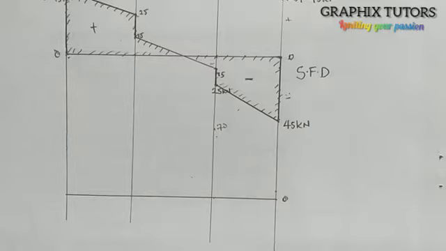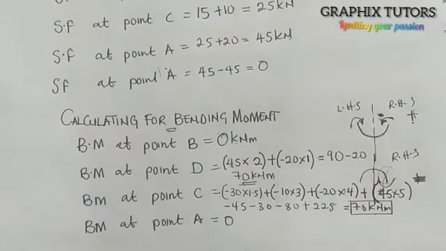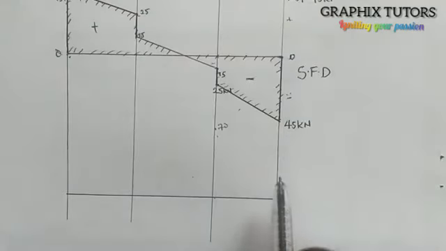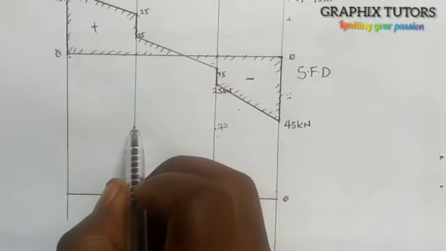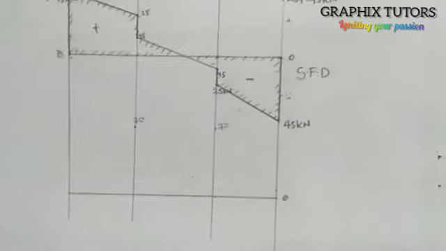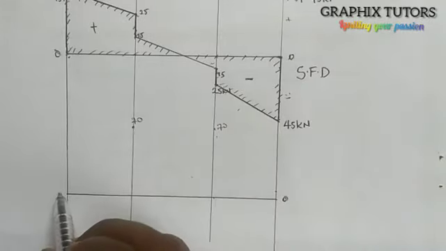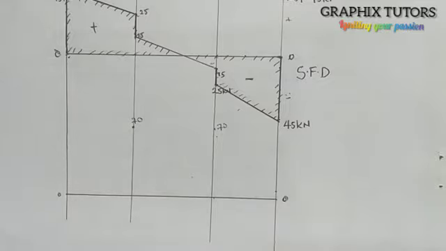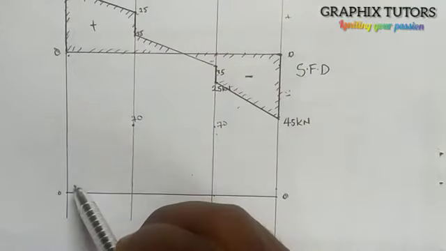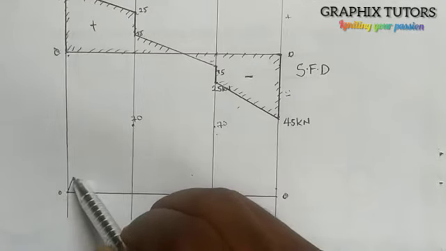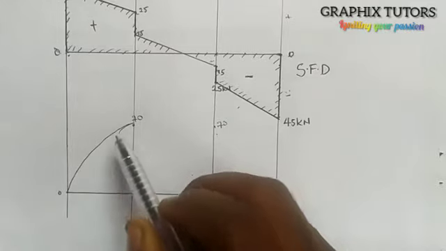Now bending moment at C again. Bending moment at C also is another 70, right? So I'm going to do that of 70. So at the same point is also 70. Then bending moment at A, according to what we calculated here, is 0 kilonewton. So here is 0. So what I'm drawing, since it is inclined here, it will be like a parabola, right?